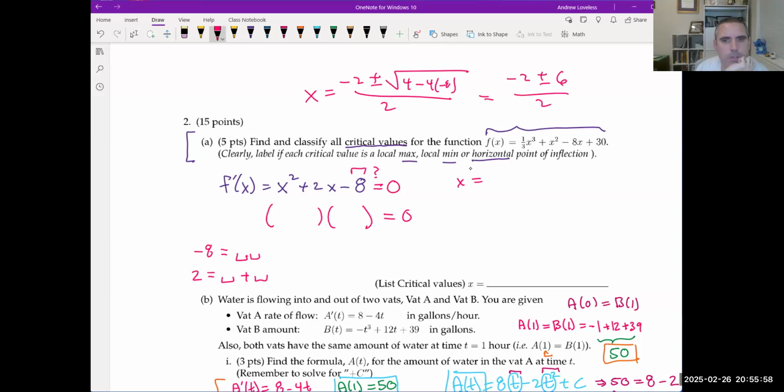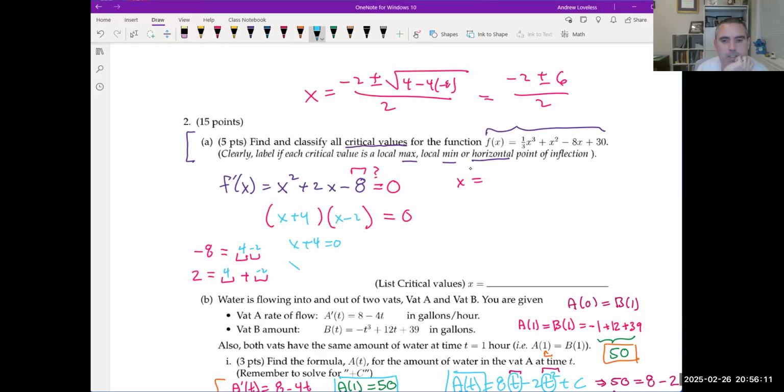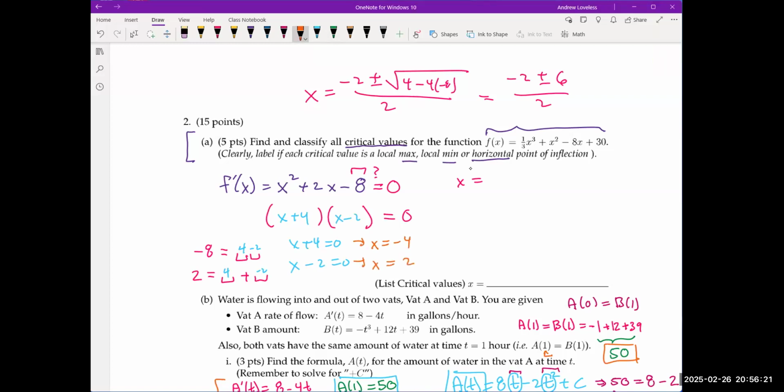So what 2 numbers? I'm going to also factor it. Let's do it both ways here. I think it's going to be 4 and negative 2. So x plus 4, x minus 2. I got -4 and 2. Lovely. Yeah, sorry. The factors will be x plus 4, x minus 2. And when you solve, you'll get x equals -4. So we're saying the same thing. That's great.